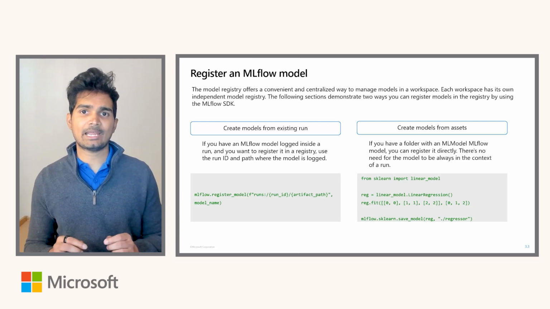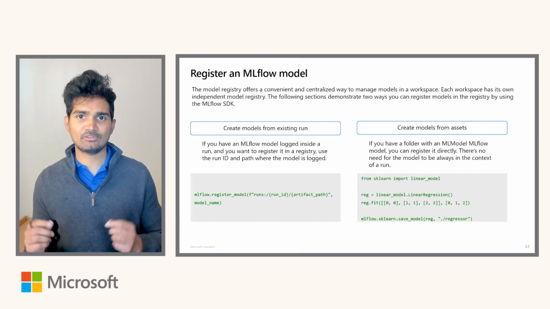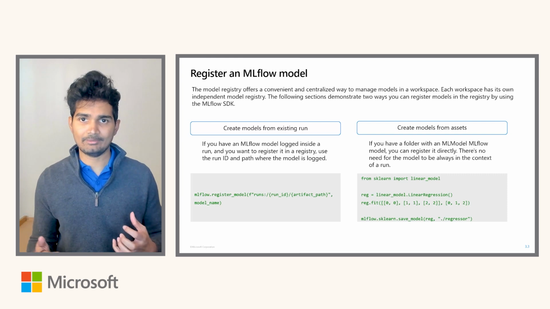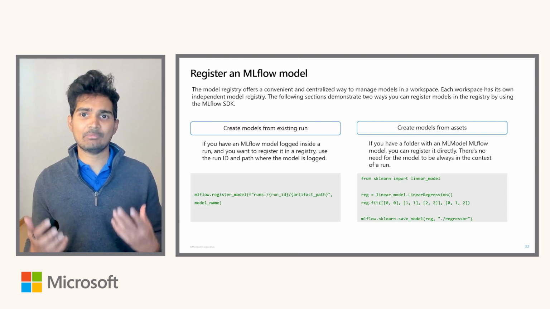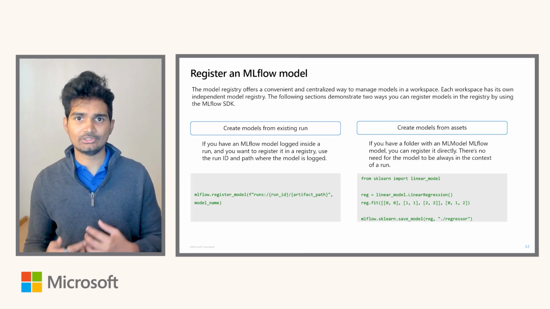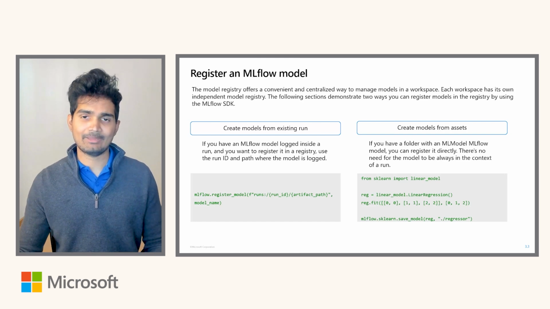Recall the two ways to register models in a registry using the MLflow SDK. Method 1 is from an existing run. If you have an MLflow model logged inside a run and you want to register it, use the run ID and the path where the model is logged. Method 2, from local assets.